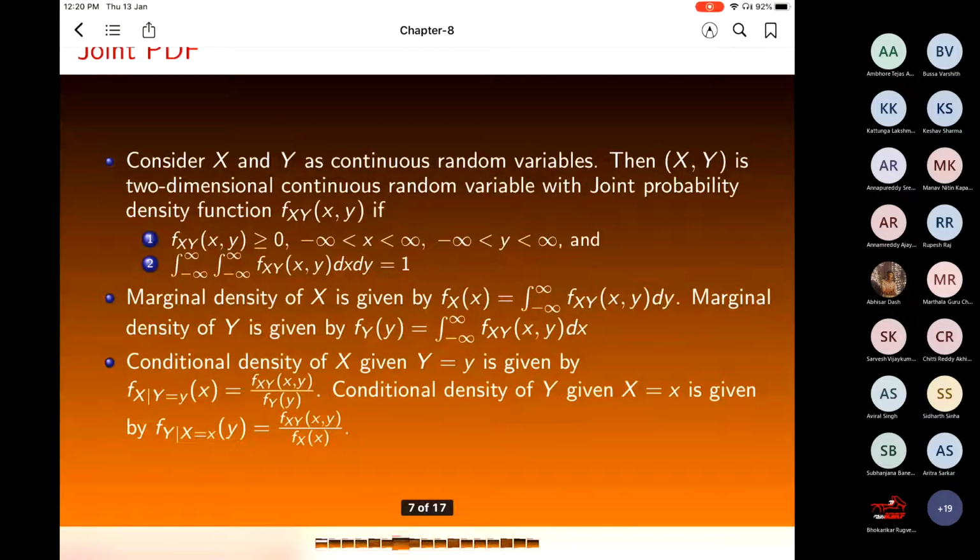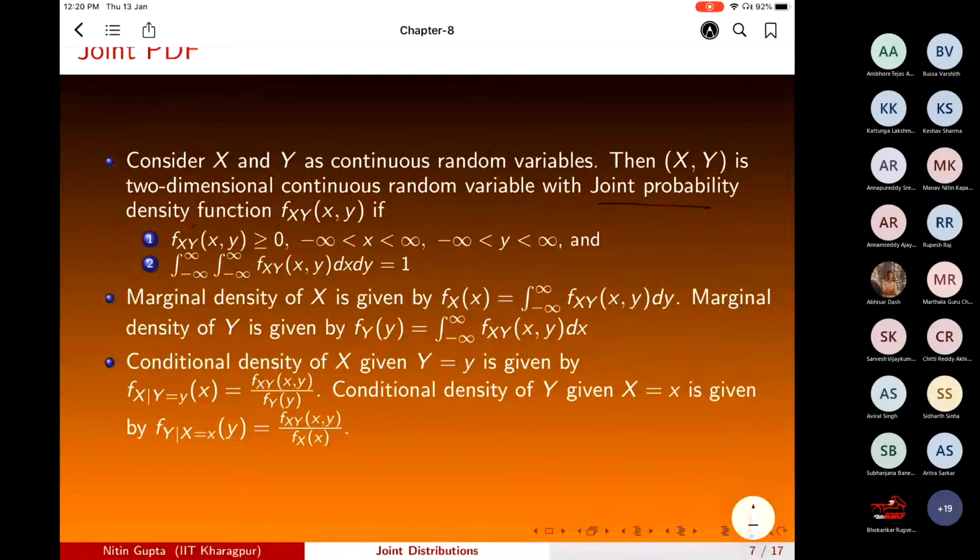In the same fashion, for continuous random variables you can define the joint probability density function f(x,y), which is greater than or equal to 0, with x between minus infinity and infinity and y between minus infinity and infinity. And instead of summation you have double integration now, which should be 1. For the marginal, using Bayes theorem, you can find f_X(x) as the integration of f(x,y) dy.